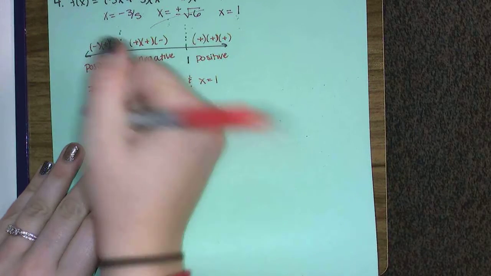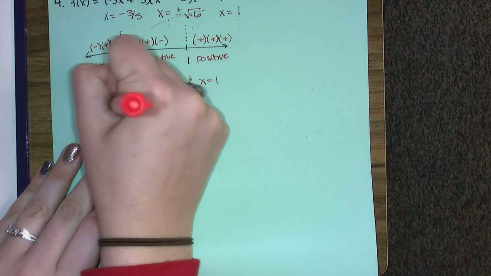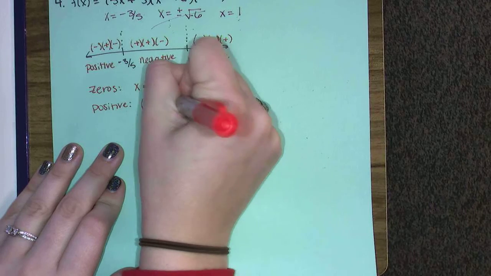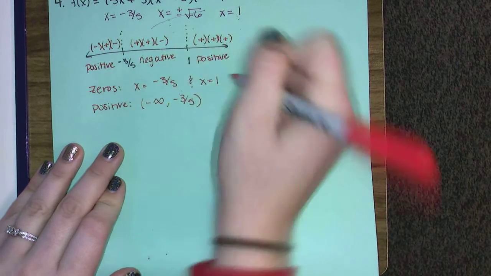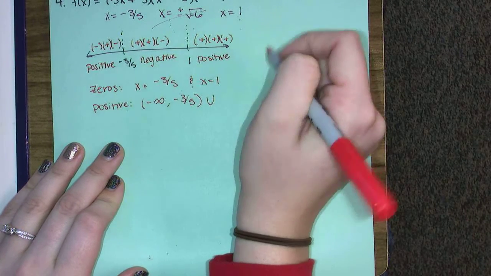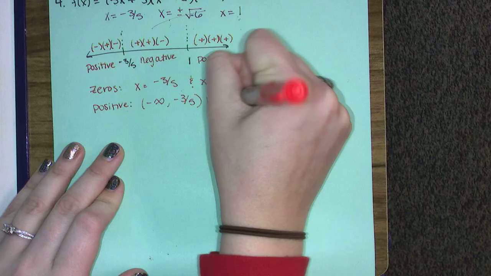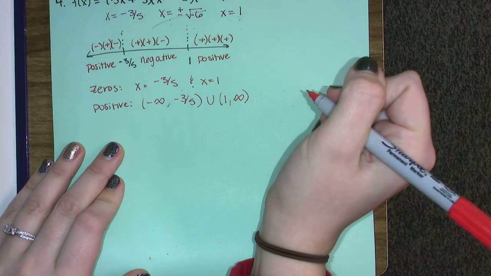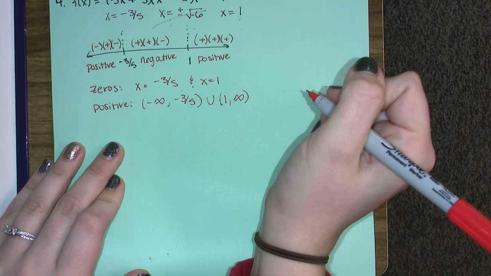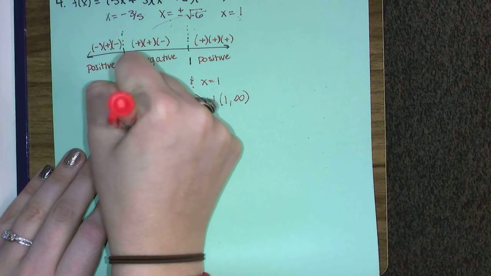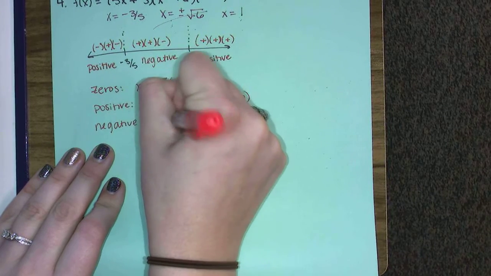It's positive from negative infinity to negative 3/5, union, because it's also positive from 1 to infinity. Those are open parentheses on all of those. And then negative from negative 3/5 to 1.